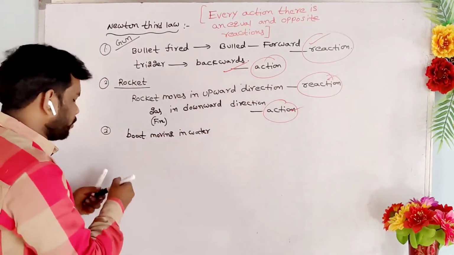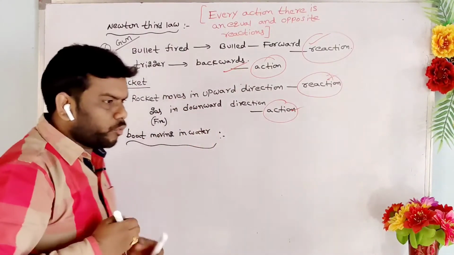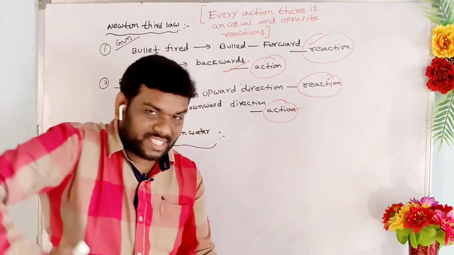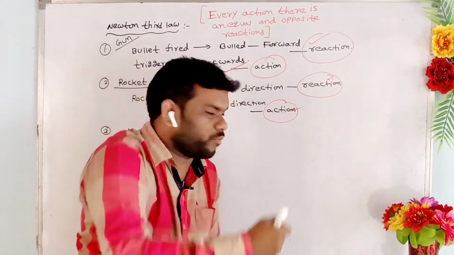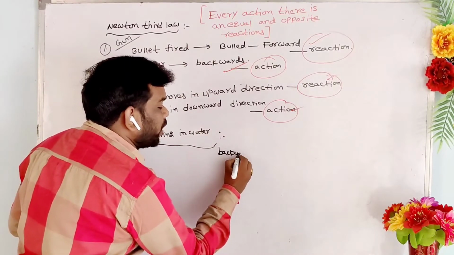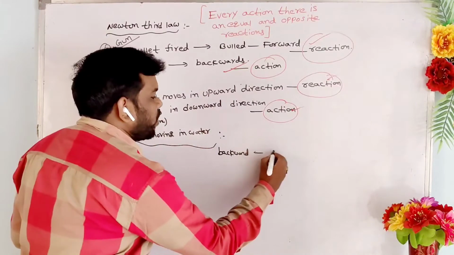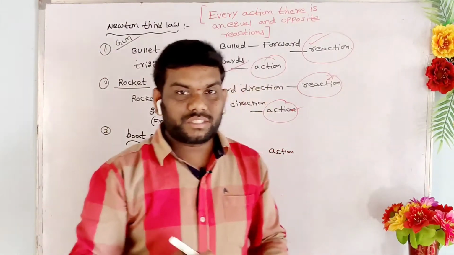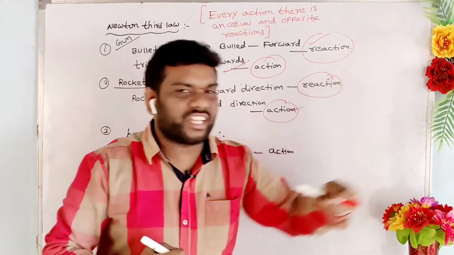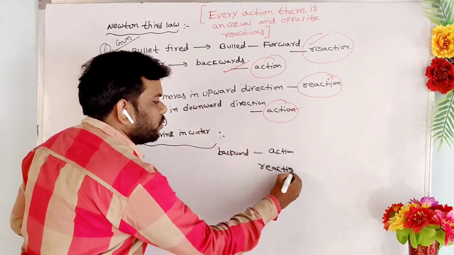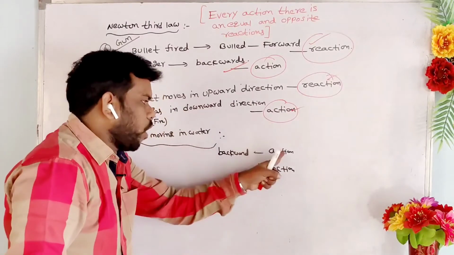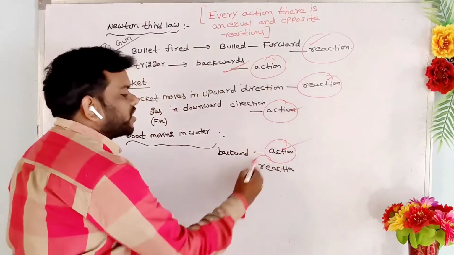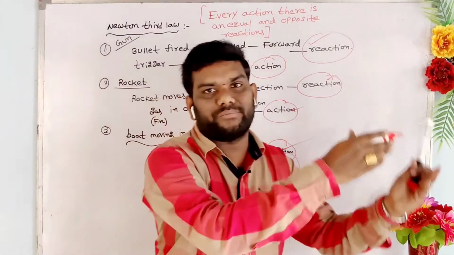The third example is a boat moving in water. When we move a small boat, we take a stick and push backward in the water by hand. That is called action. The reaction is that the boat moves in the forward direction. So the force applied backward by hand is called action, and the boat moving forward in the water is the reaction.